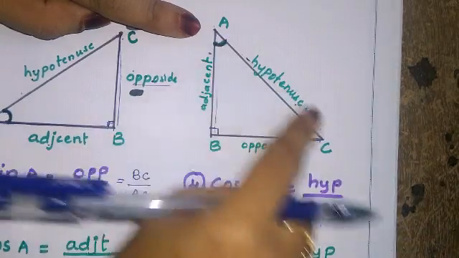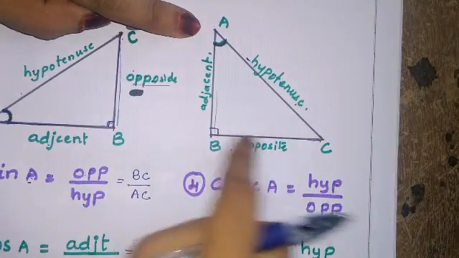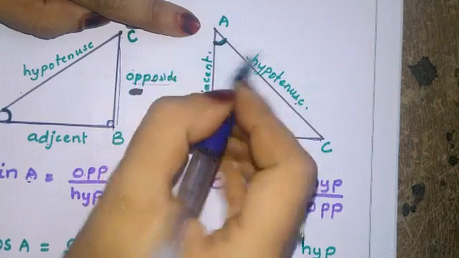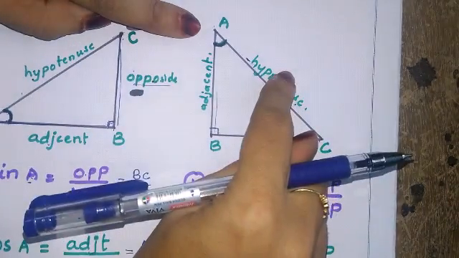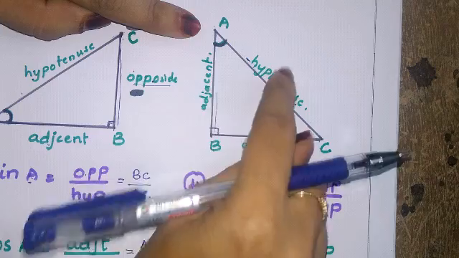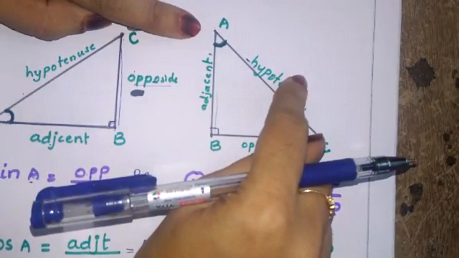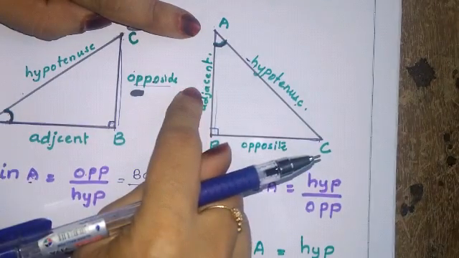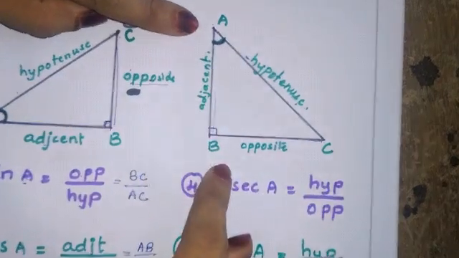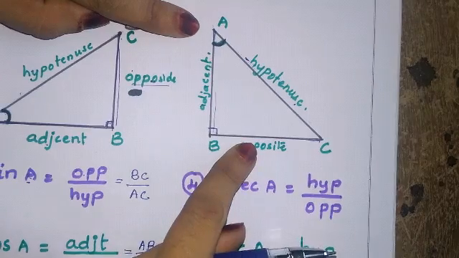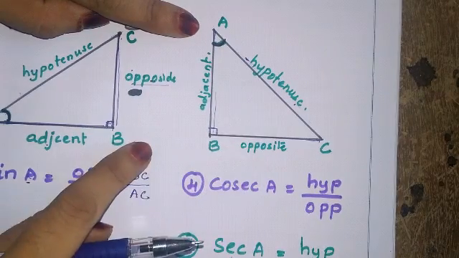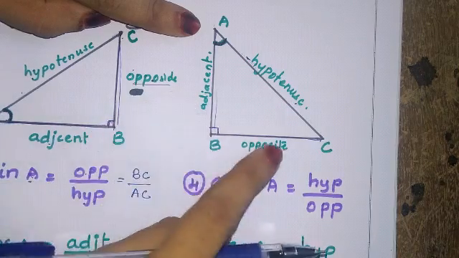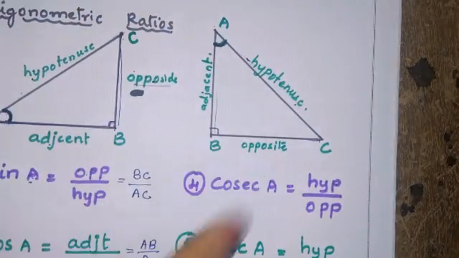But the position is changed now, because the angle is above, but sine is always opposite upon hypotenuse. Cos is adjacent upon hypotenuse and tan is opposite upon adjacent. In the same way, cosec is hypotenuse upon opposite, sec is hypotenuse upon adjacent and cot is adjacent upon opposite.